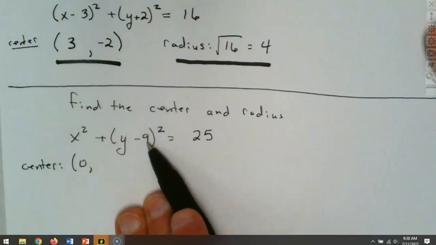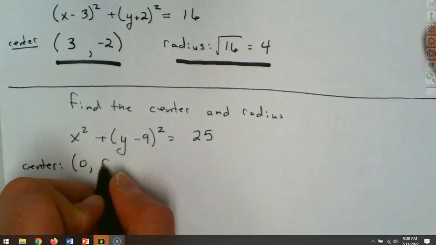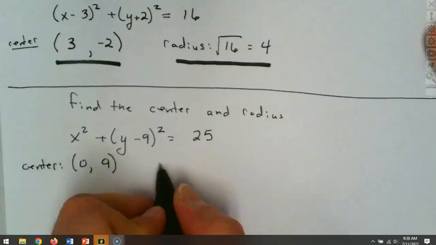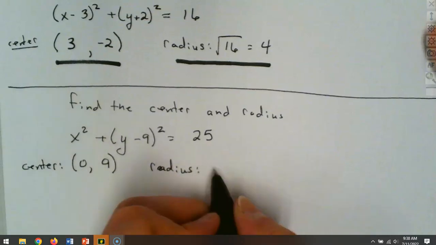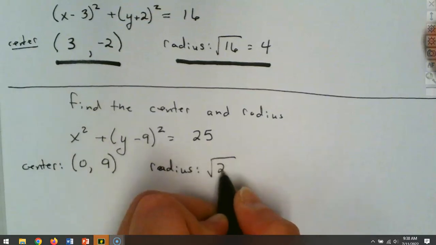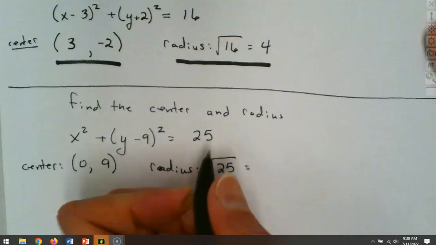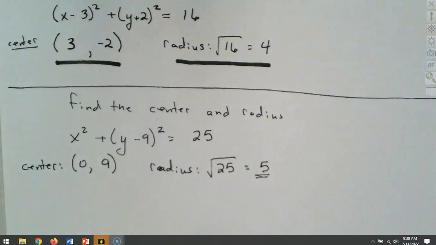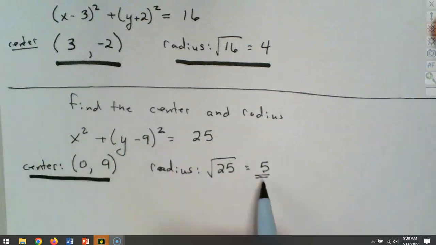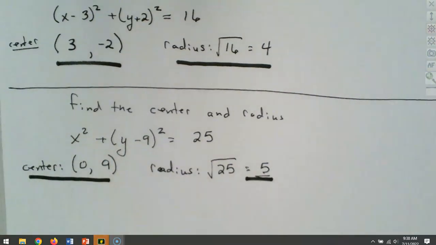Well, it's not negative 9, it is a positive 9. And what is your radius? It's not 25. It's the square root of 25, which is then what? 5. So there's your center at 0, 9, and your radius is simply 5.